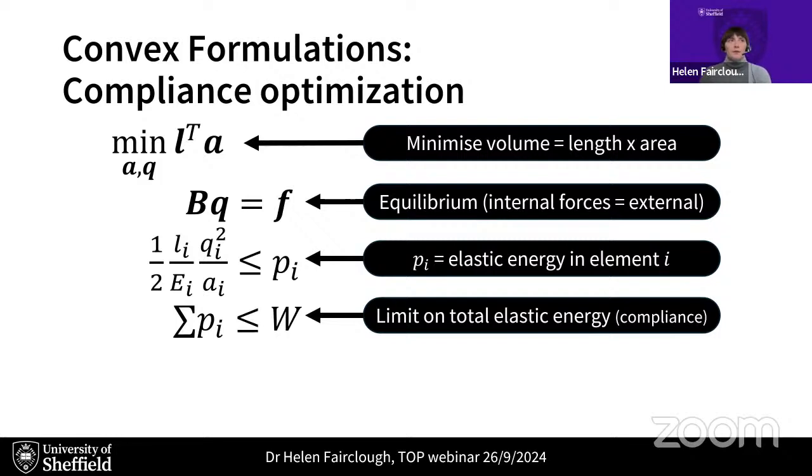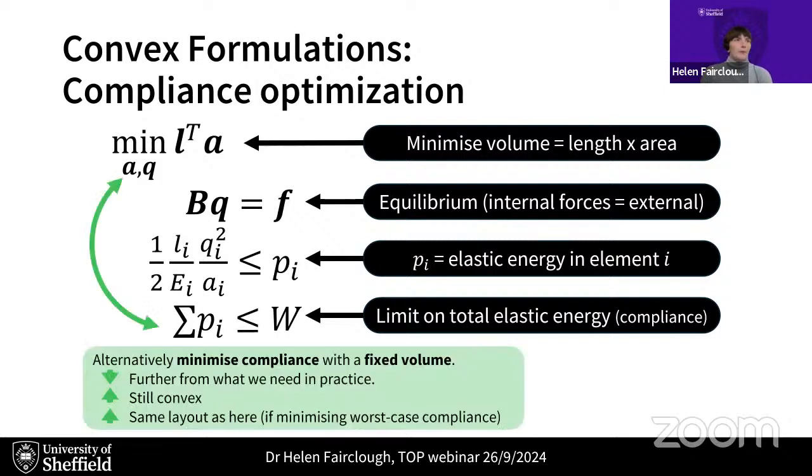So we keep pretty much the same objective value. We keep the same equilibrium constraints. We add in a new variable here, we've called it P, for the elastic energy in each element. And then we can sum those up to get the total elastic energy, which we know is going to have to be equal to the compliance because internal work and external work need to be the same.